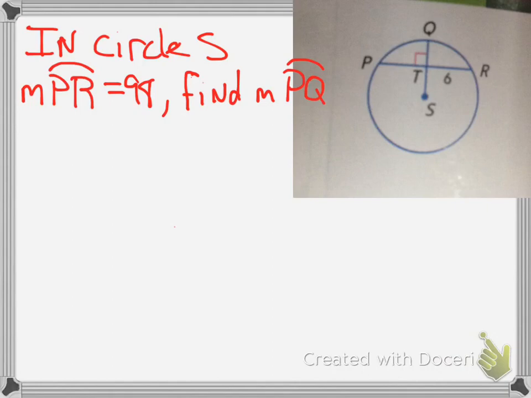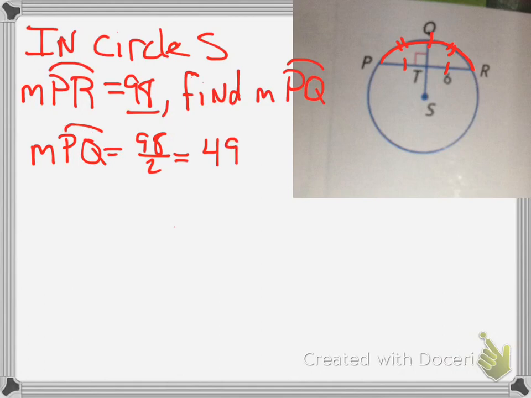So that means these are equal, and if the whole arc is 98, then this would just be half because I'm cutting it into equal halves. So the measurement of PQ would be 98 divided by 2, which would be 49. So this one would be 49 degrees.